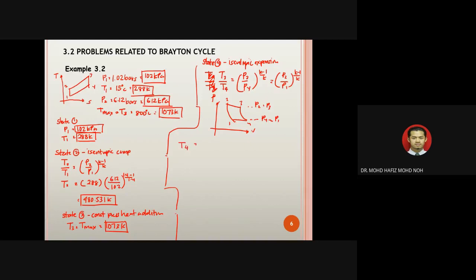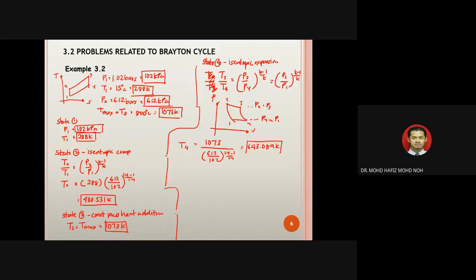T4 is equal to T3, which is 1073, divided by P2 over P1, where P2 is 612 divided by 102, powered by (1.4 minus 1) divided by 1.4. Then the value of T4 is 643.089.